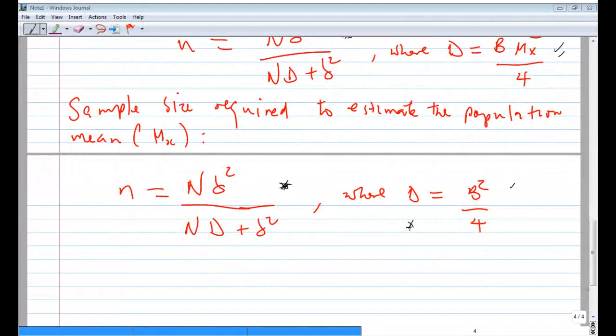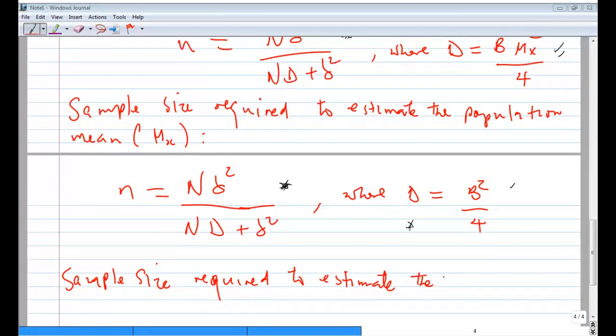Okay. So now the last one, the sample size required to estimate the population total. Population total.